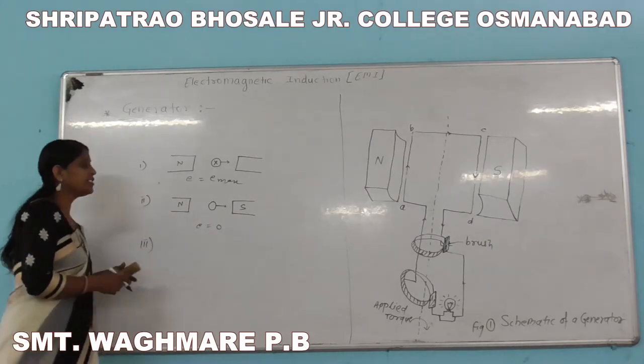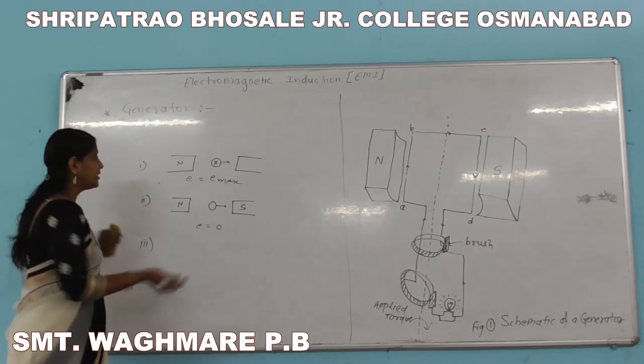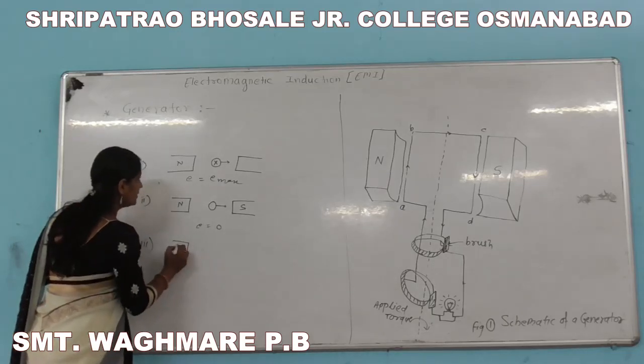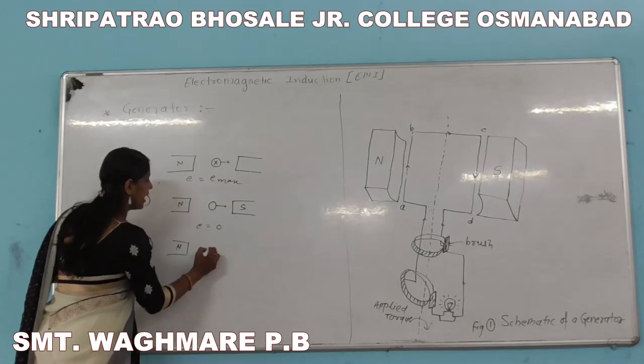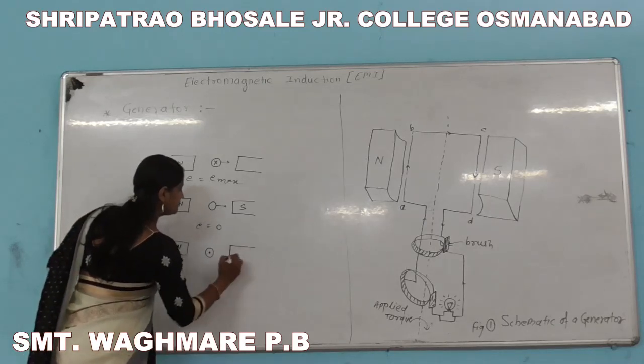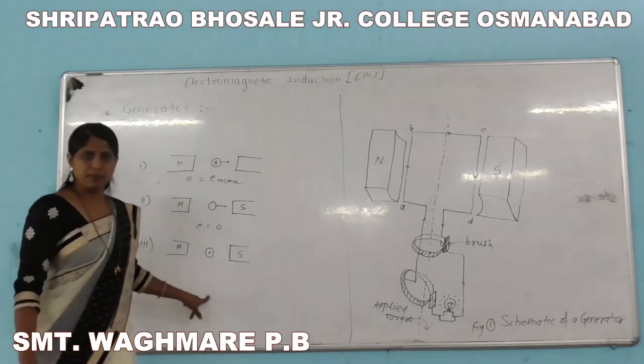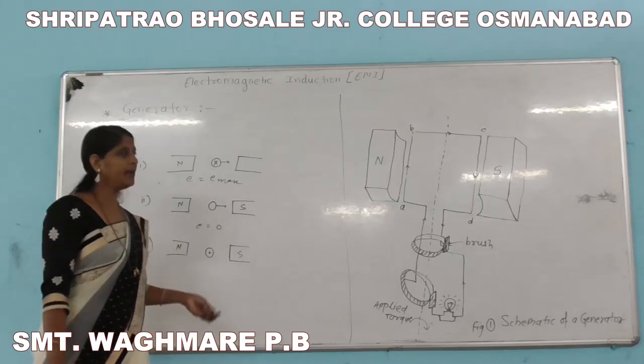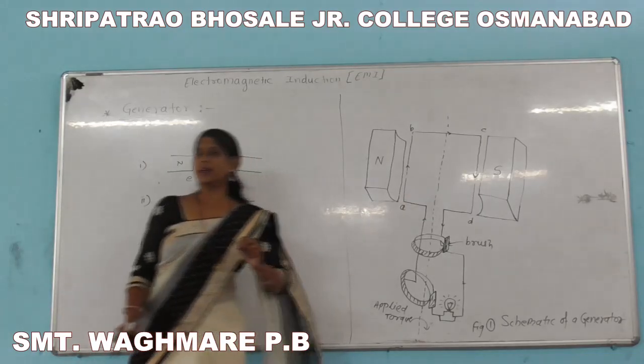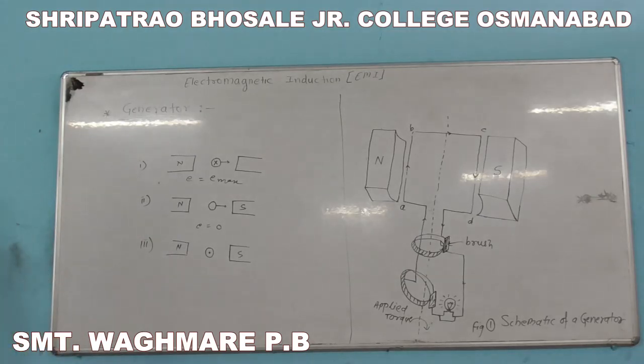The direction of current is outward here, which can be shown like this, and maximum negative EMF will be induced in this coil, because the same conductor moves down across the lines of force, and the induced EMF and current are directed opposite to that of the first case.